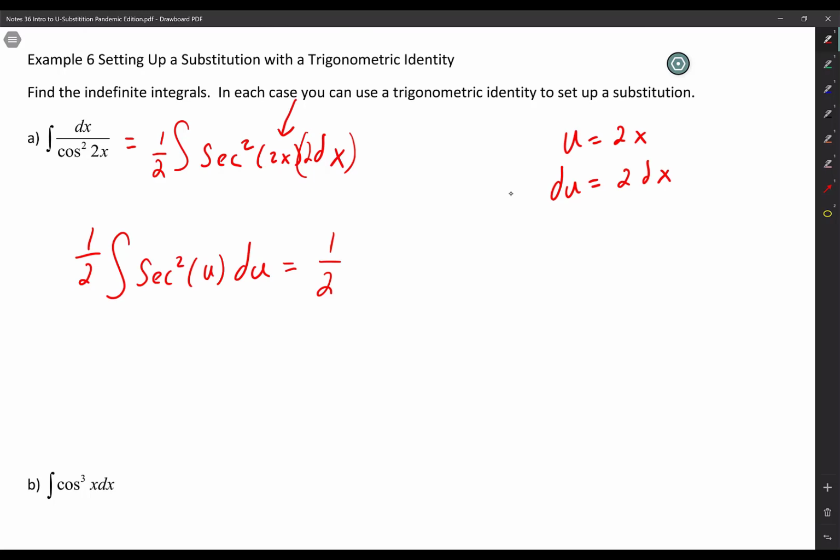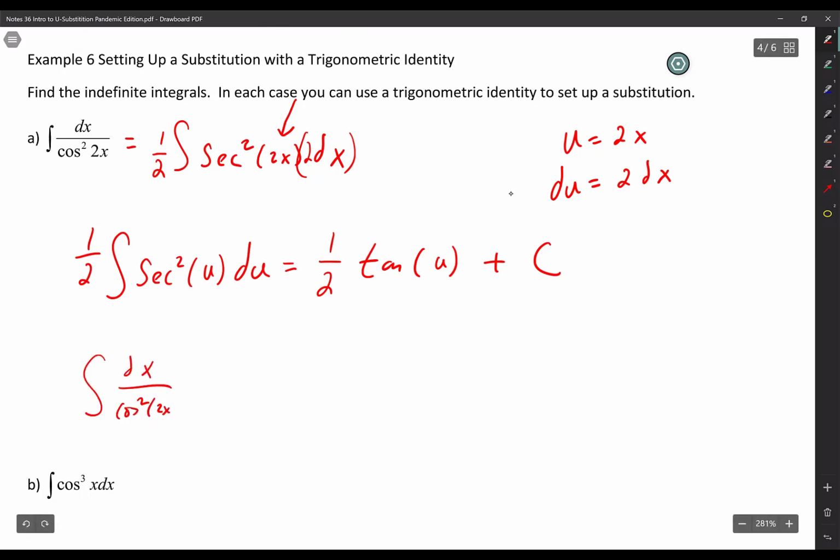Yeah, tangent, guys. Tangent of u, and then I'll put a plus c on it. And I don't want to write it in terms of the letter u. I want to write it in terms of x. So the integral of dx over cosine squared 2x is nothing more than 1/2 tan 2x, because that's what u is, plus c.